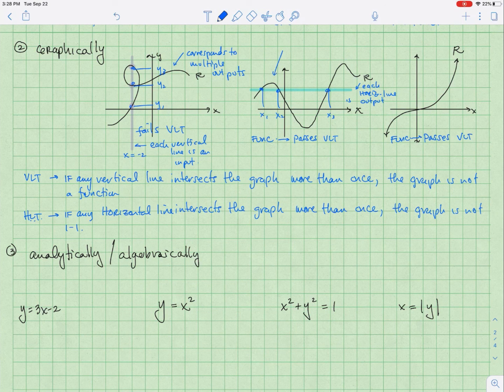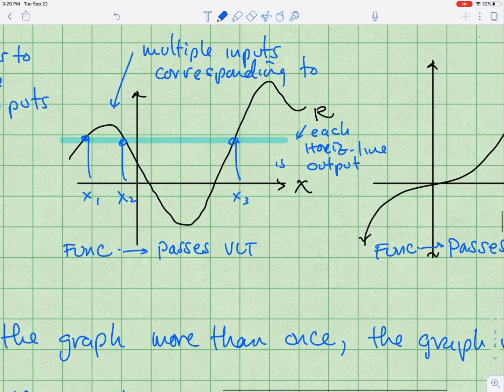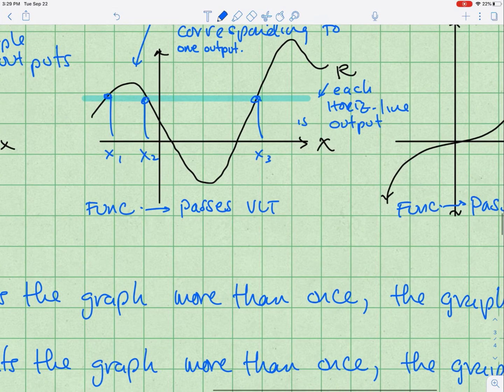So this is multiple inputs corresponding to one output. So this is not one-to-one. It fails the horizontal line test.